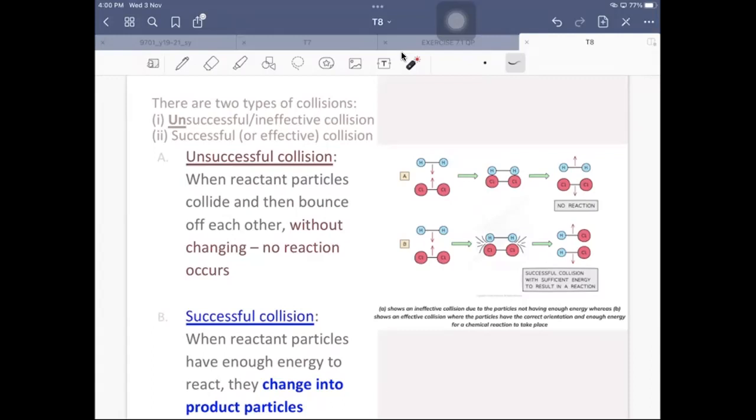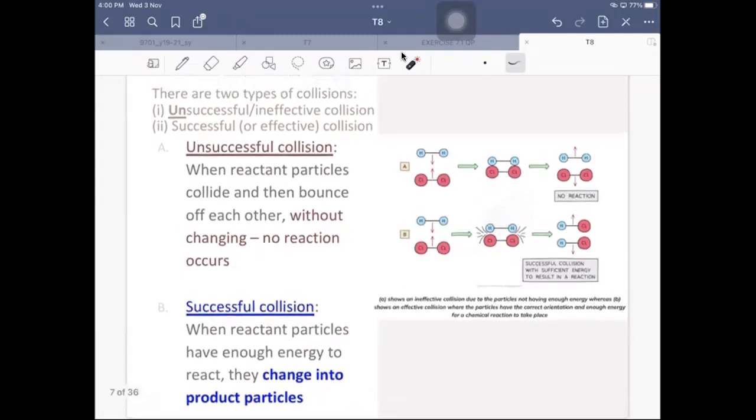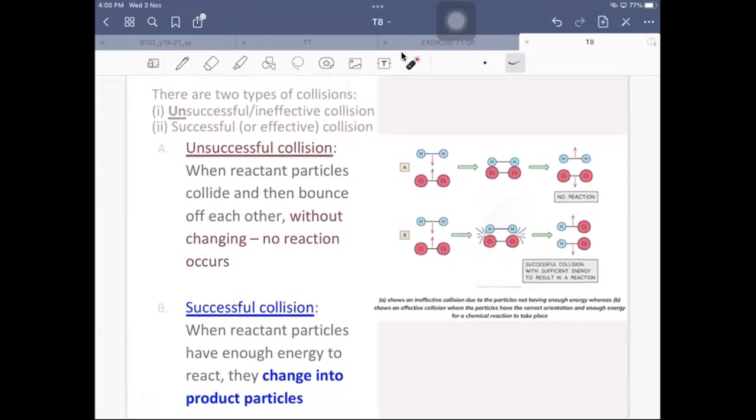Okay, so what do we mean by this non-effective, ineffective, or unsuccessful? This is when reactant particles collide and then bounce off each other without changing. So that means no reaction occurring. That's it, simply as that. Successful collision is when reactant particles have enough energy to react and then they change into products.